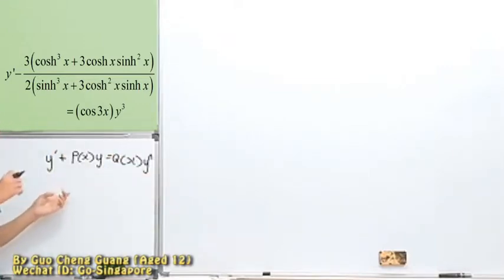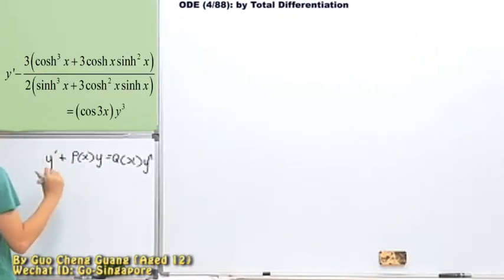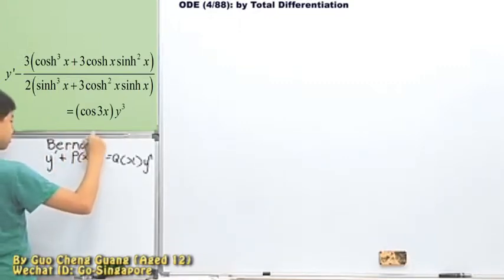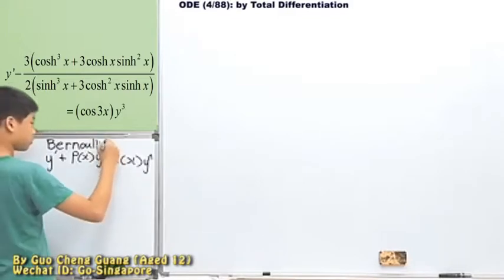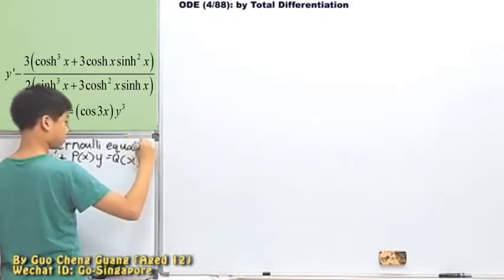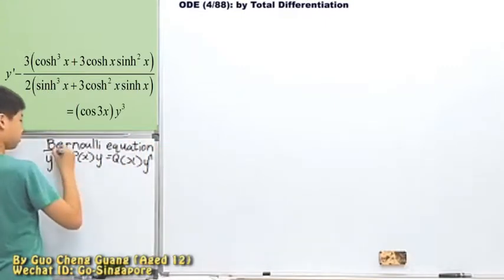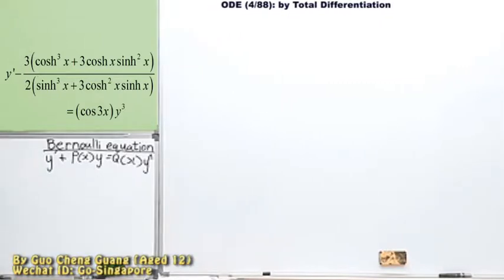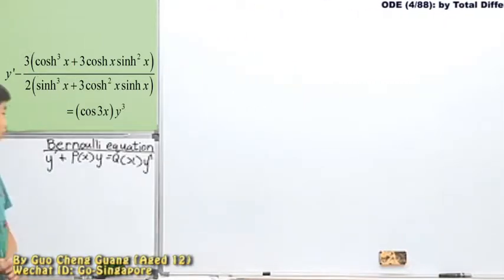It is for these lessons, the type of ordinary differential equation that we have. And for this type of ordinary differential equation, the name we gave to it is the Bernoulli equations. Okay, this is called the Bernoulli equation.